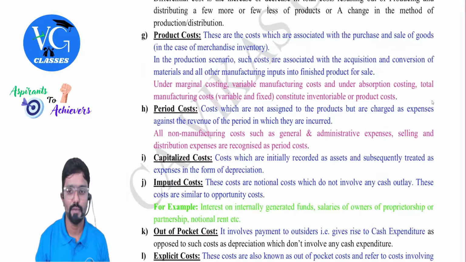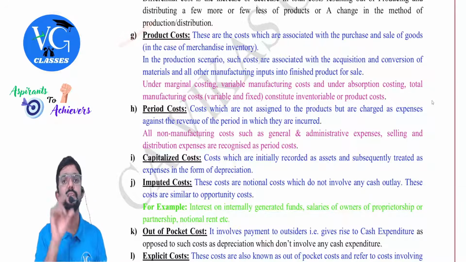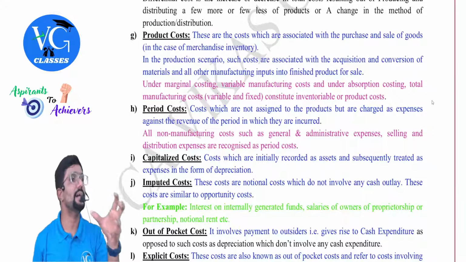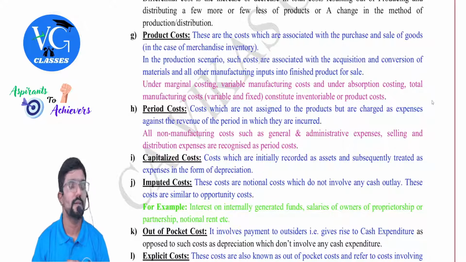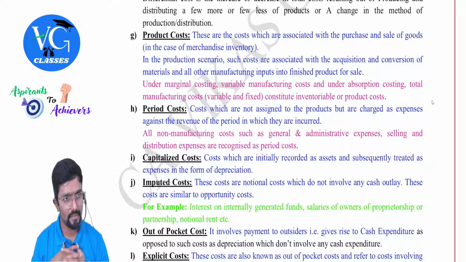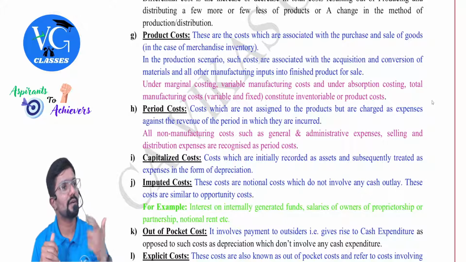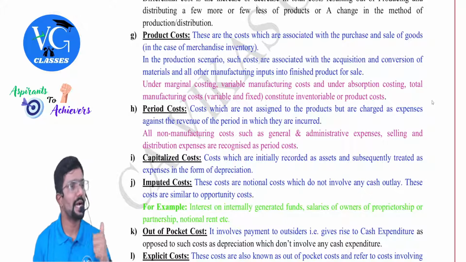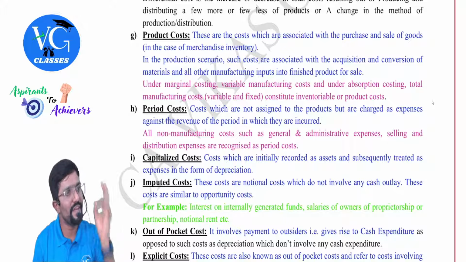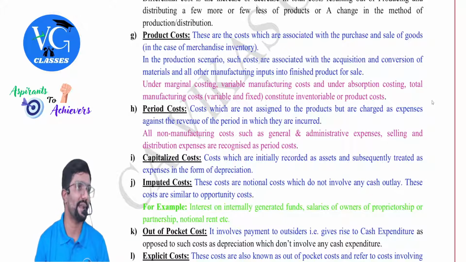Next, product cost. Product cost means the cost which we will use to value the products or inventory. There are two techniques of costing that depend on the treatment of cost: marginal costing and absorption costing. Under marginal costing, we take only variable manufacturing cost to value the product.